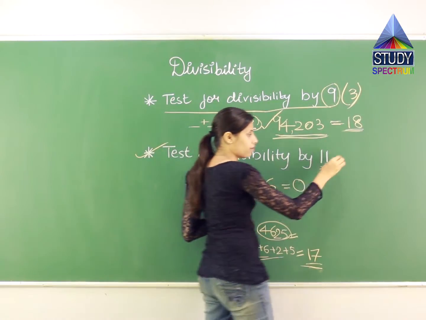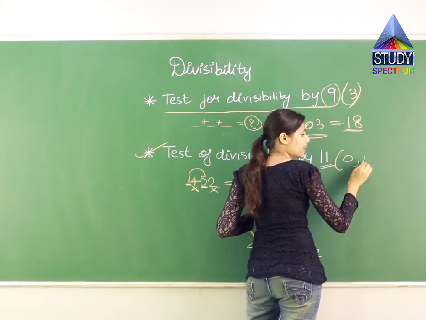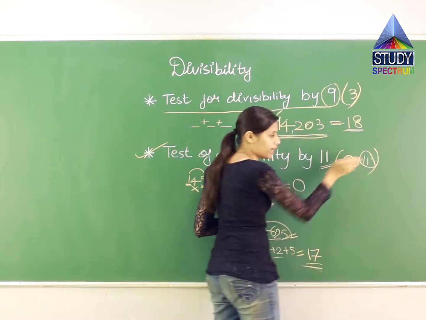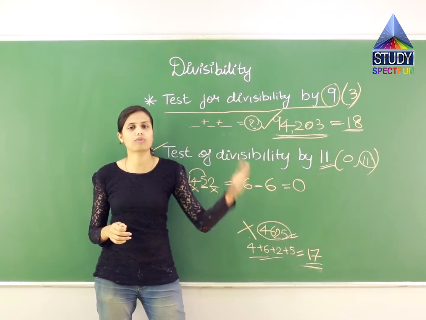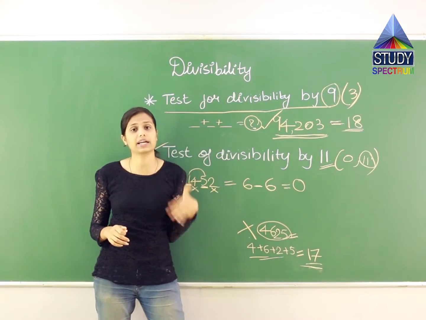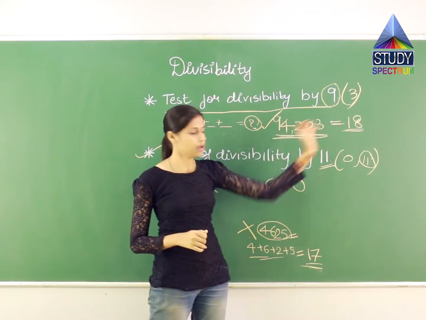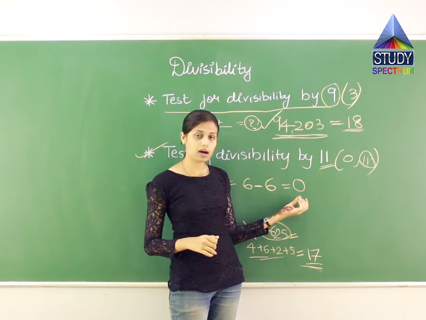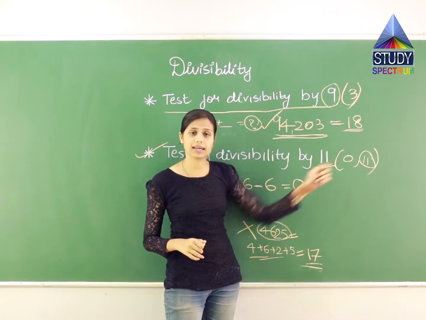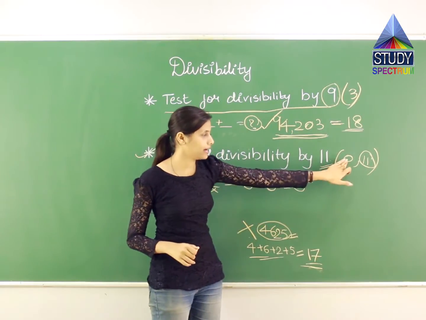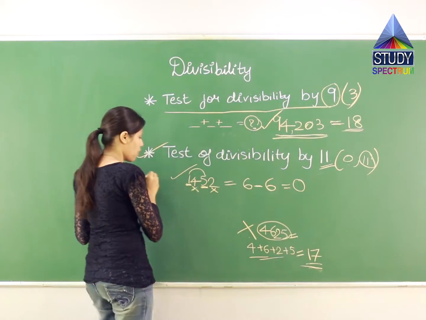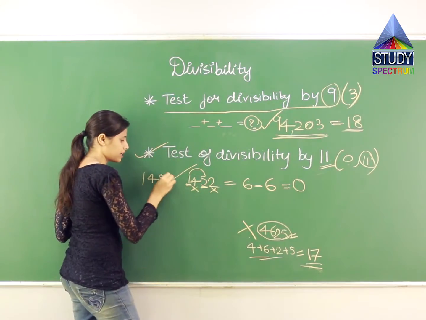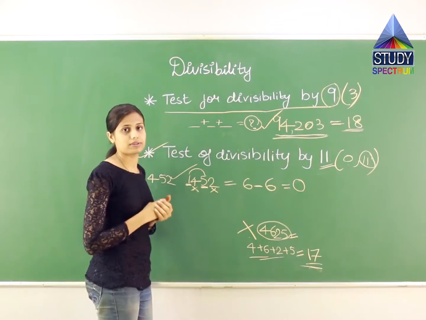Remember, for divisibility by 11, the result should be 0 or divisible by 11. Not 11 itself. Multiples of 11, that is 22, 33, 44, 55, 66, 77, 88, 99. So like that, okay? So over here 0 came, and 0 is divisible by 11. So 0 is there in the condition. So I can say that this whole number, that is 1452, is divisible by 11.